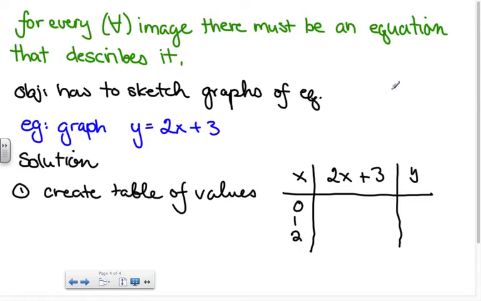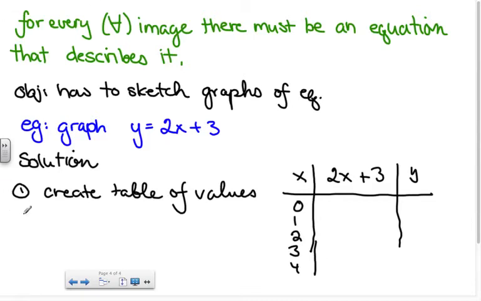I'll choose 3 points. Okay, let's go 0, 1, 2, 3, 4, 4 points. Although, you want to choose a minimum of 3. Okay? So that's how we create the table of values.